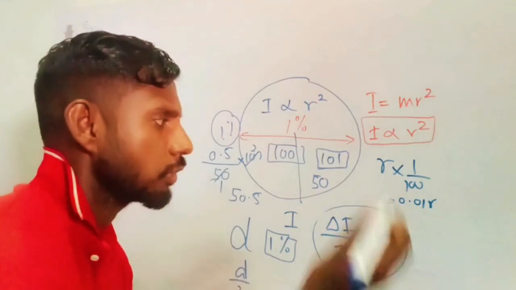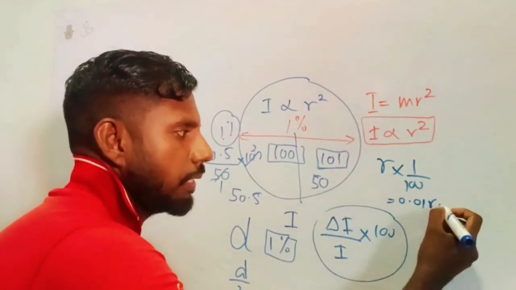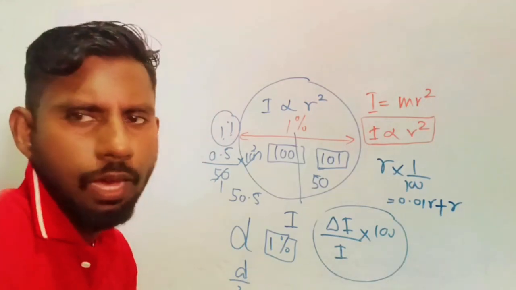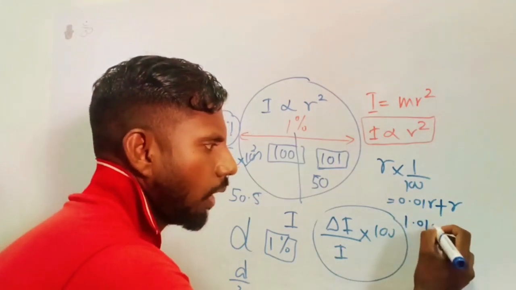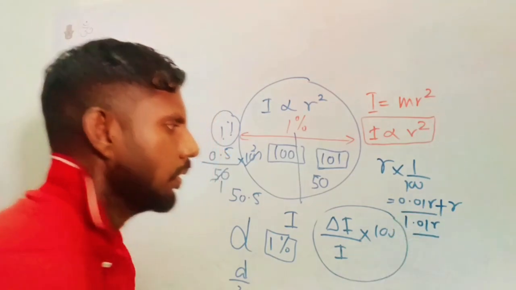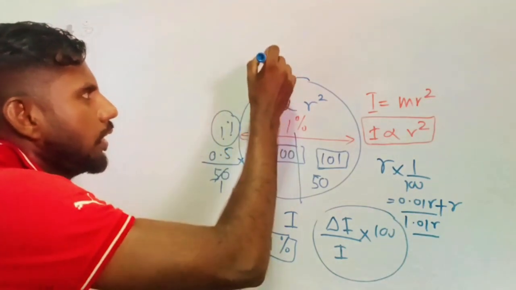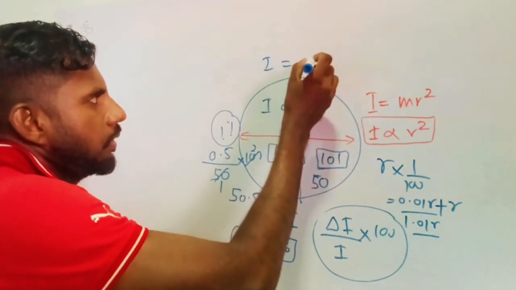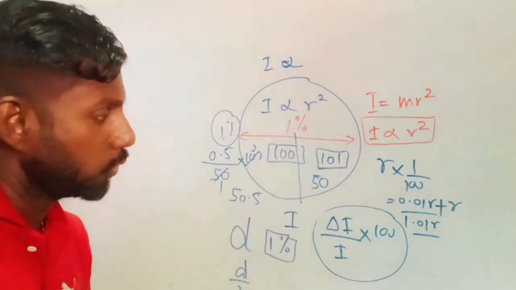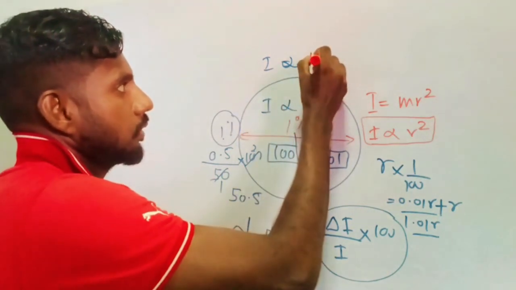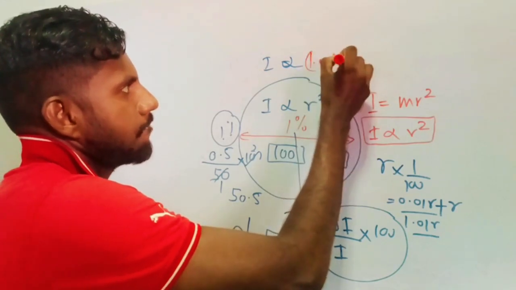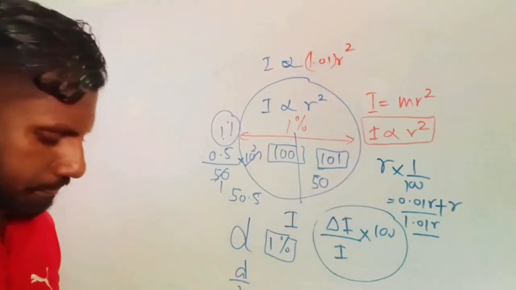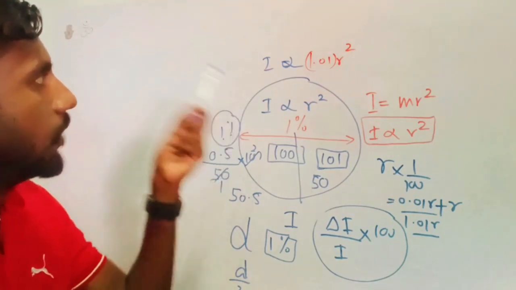That's the increment. So the final value will be this plus r, 1.01 r. Right? So the new I will be proportional to 1.01 r square.